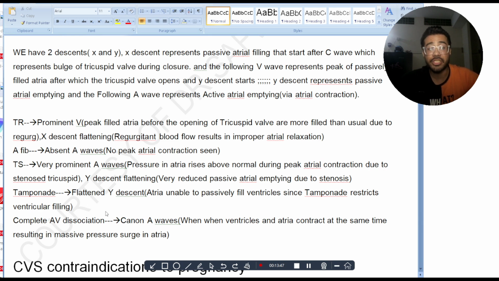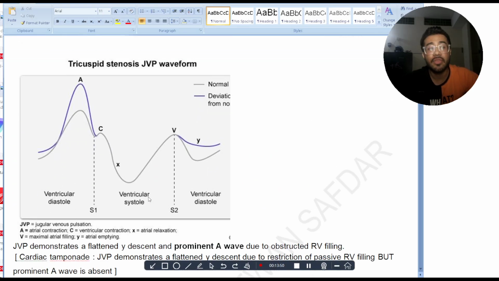Complete AV dissociation. Cannon A waves. What are cannon A waves? Why are the A waves produced in the first place? They represent the peak atrial contraction. What happens in AV block? The atria and ventricles beat randomly without any coordination. So what are cannon A waves? Cannon A waves are very, very prominent A waves that happen when the atria and ventricles contract at the same time. What's going to happen when they contract at the same time?